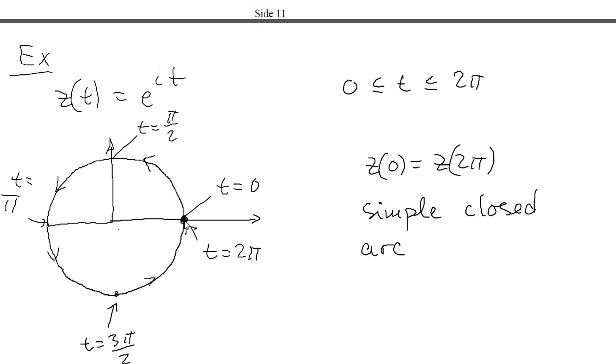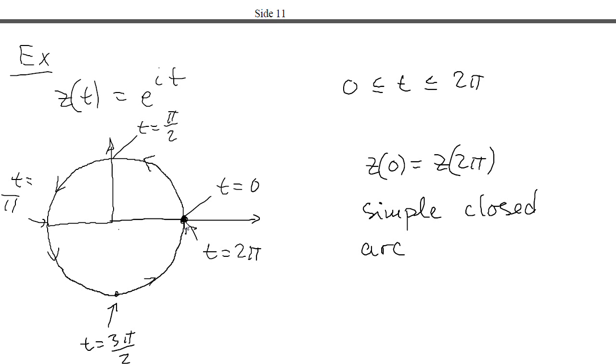Well, what's happening when t is equal to pi over 2? Then we are here. When t is equal to pi, z of t is then at this point, and moving to 3 pi over 2, we are at this point, and finally at t equal to 2 pi, we are in the same place as we started, namely at 1.